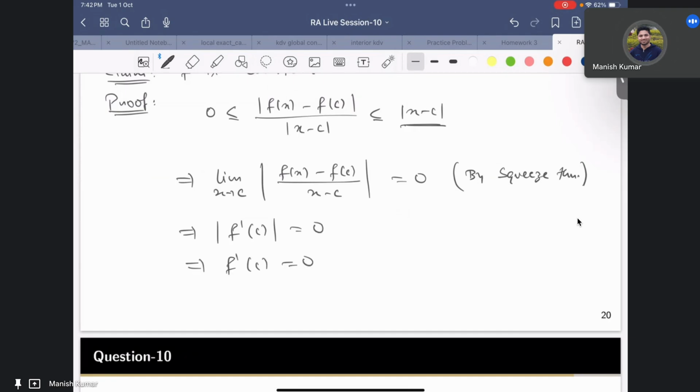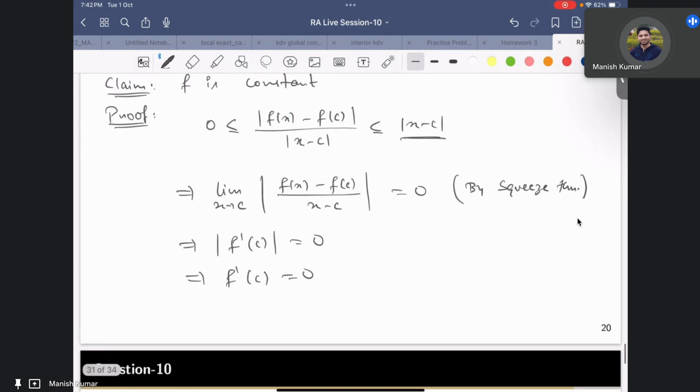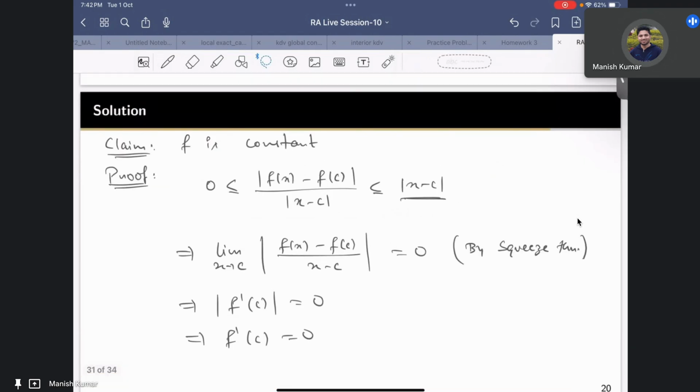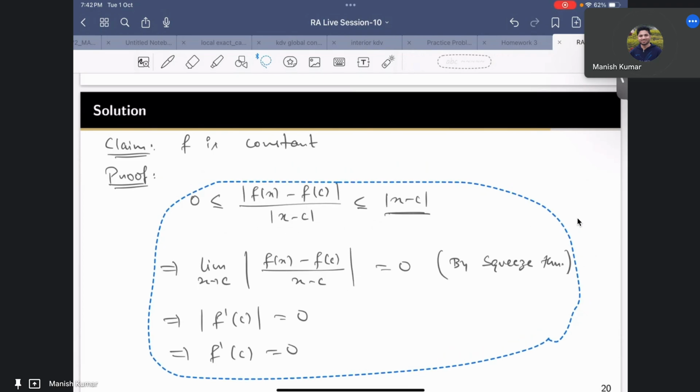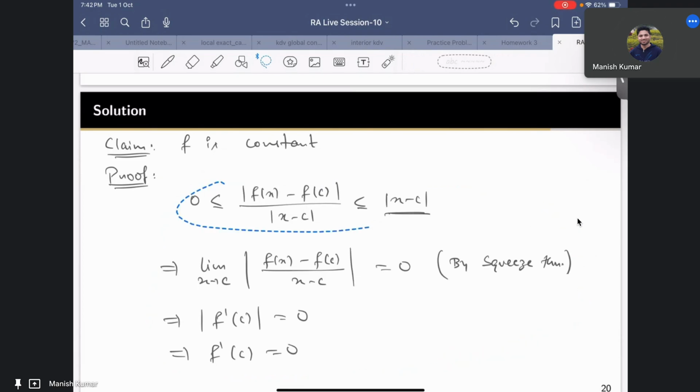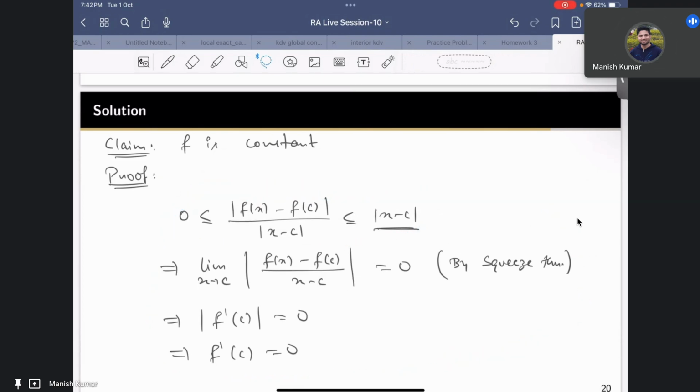But c was arbitrary, right? So maybe initially I should write a line to make sense of this: let c belong to R be any arbitrarily chosen number.